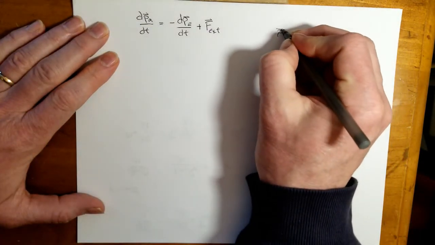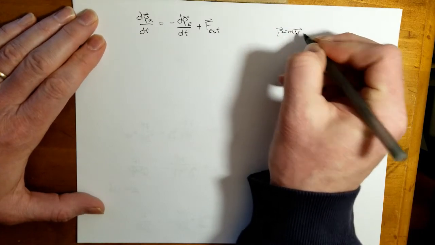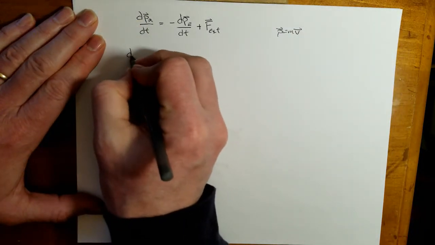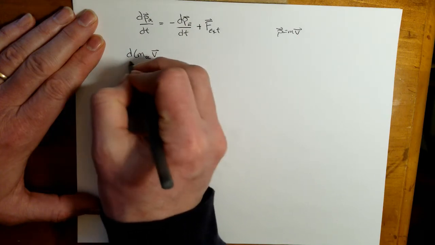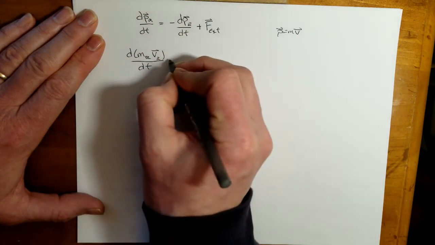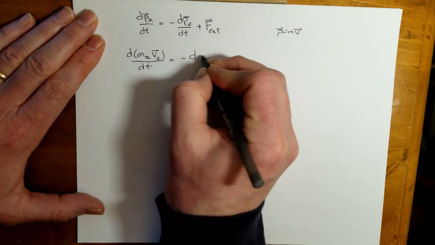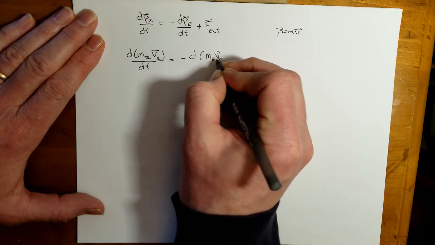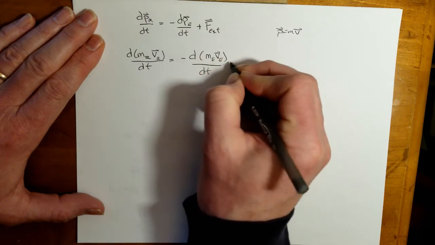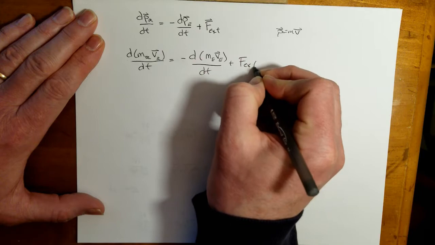I know that momentum is mass times velocity, and so I'm just going to plug that in here. So I have the change in mass of rocket times velocity of rocket with respect to time is equal to the negative change in mass of exhaust times velocity of exhaust over change in time plus this external force.